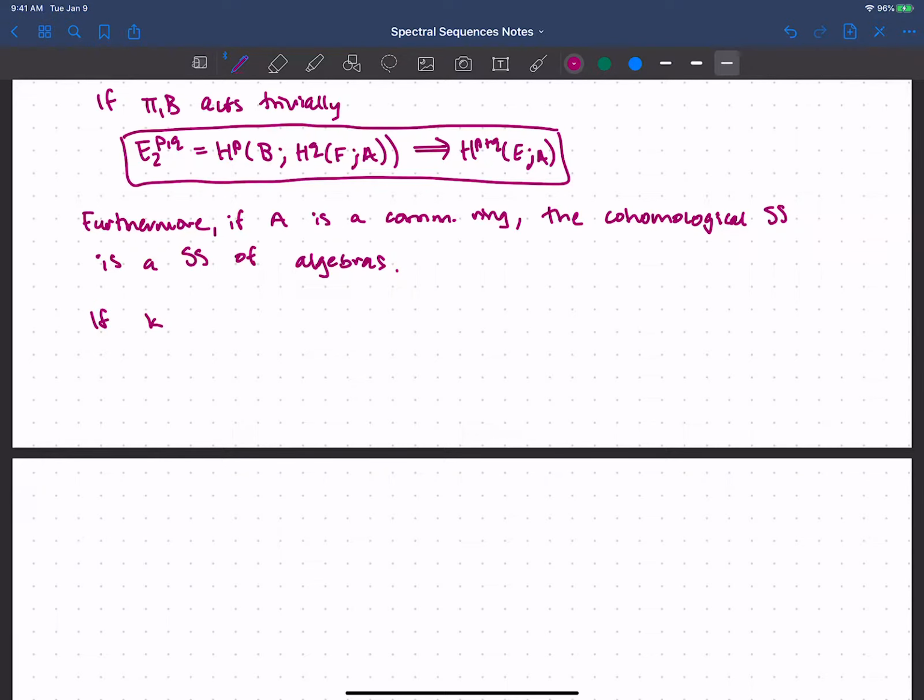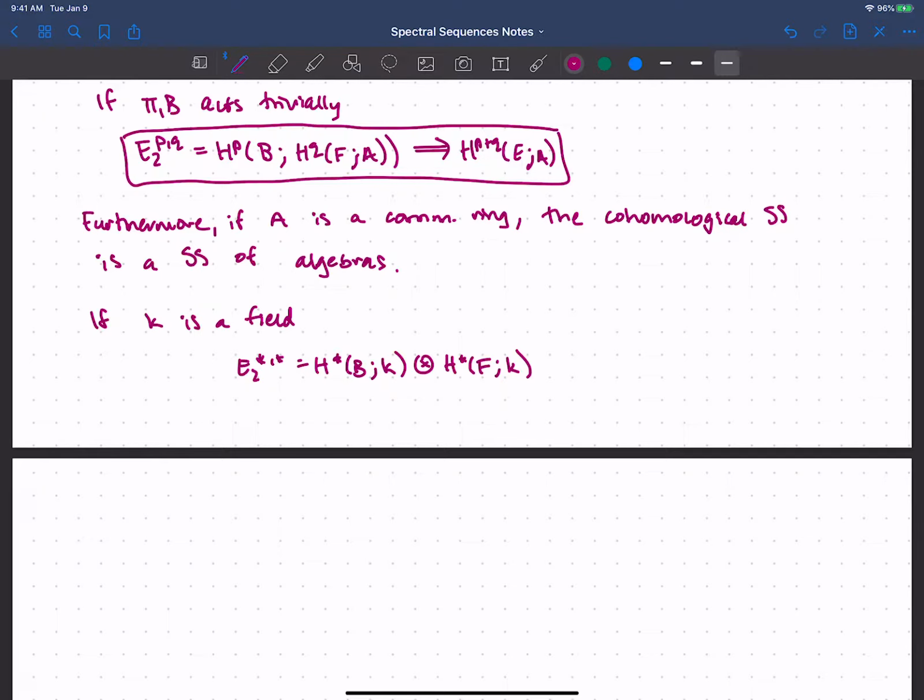Let me make one more note here, which is that if K is a field, then this E2 page is just going to be the cohomology of the base with coefficients in the field K, tensored with the cohomology of the fiber with coefficients in K. This is just coming from the Künneth theorem.